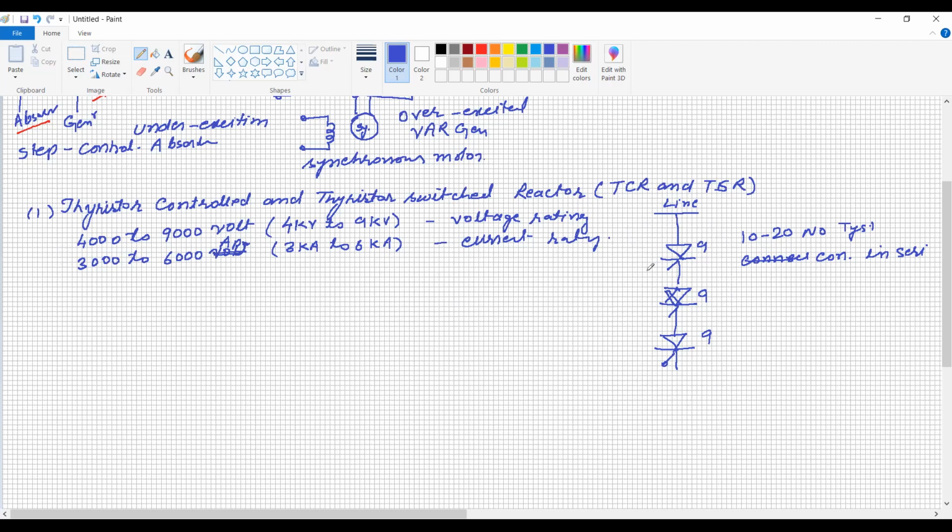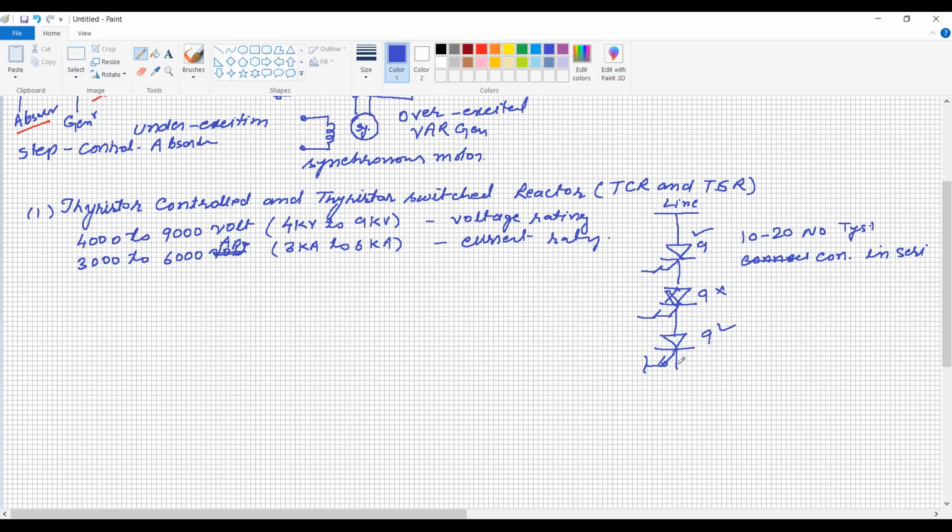And what is the requirement? The gate pulse which we provide for each thyristor should be synchronized, simultaneous. What will happen if this SCR is conducting, and this SCR is conducting, but this SCR is not conducting? For example, suppose it is 9 kV, 9 kV, and 9 kV.